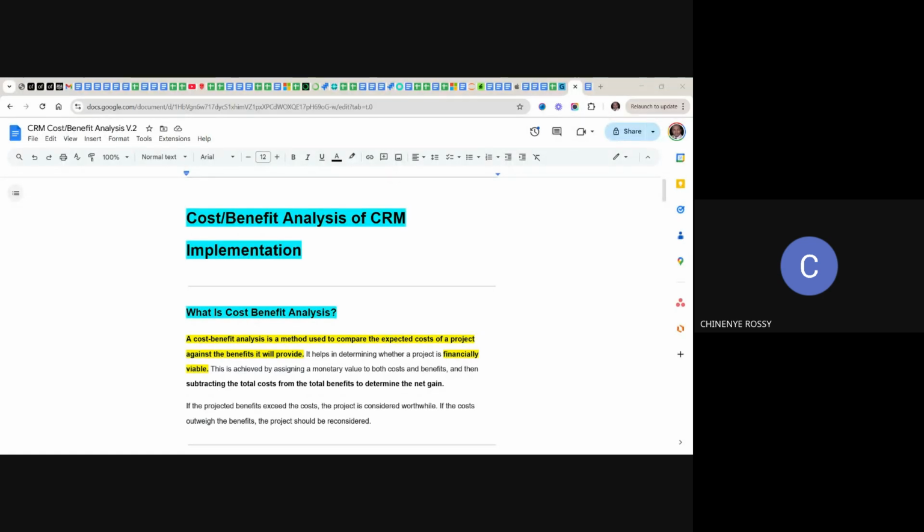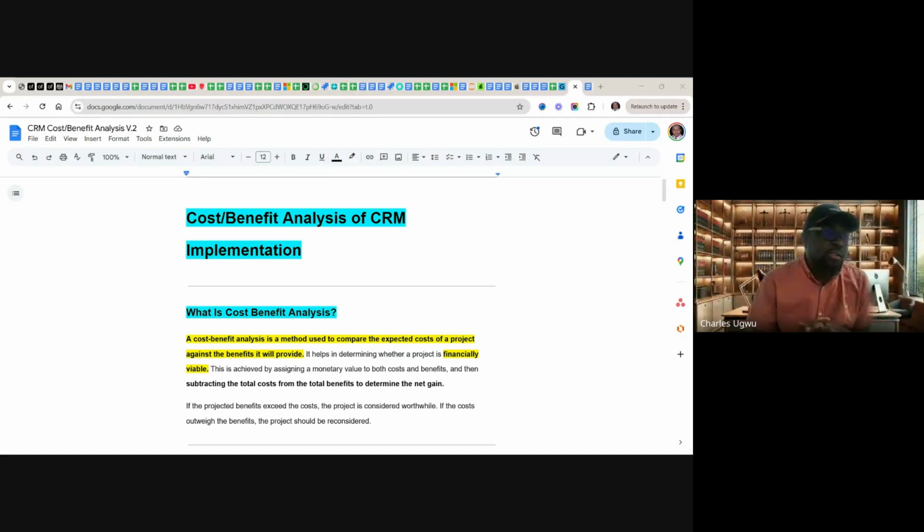As long as after subtracting the cost from the benefit you have a positive value, then the project is viable. As long as it's positive, the project is viable.